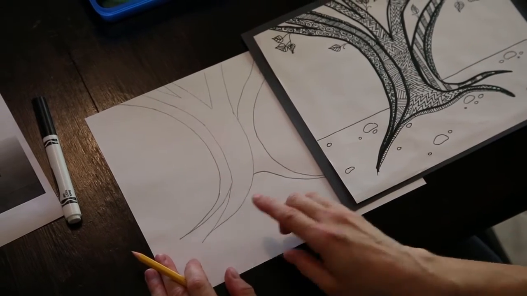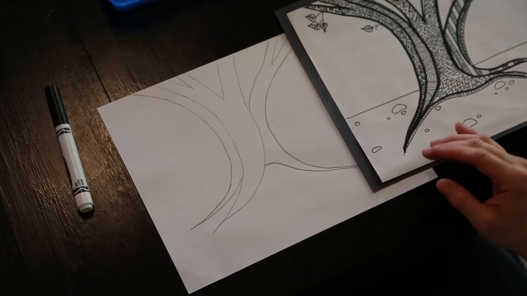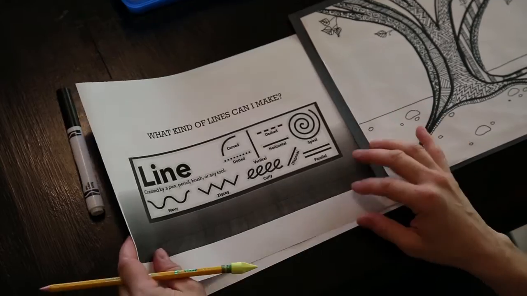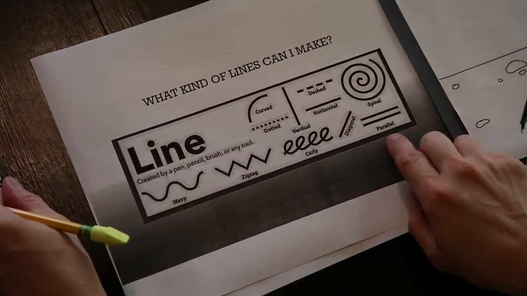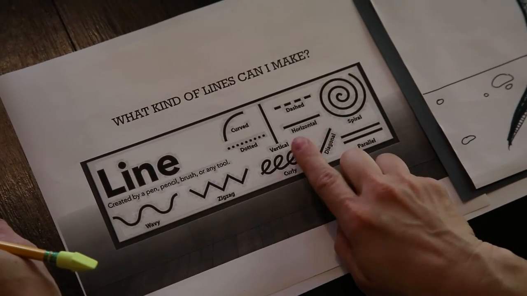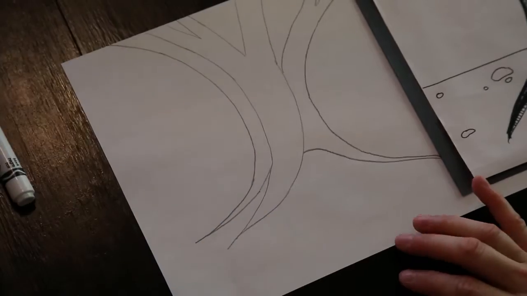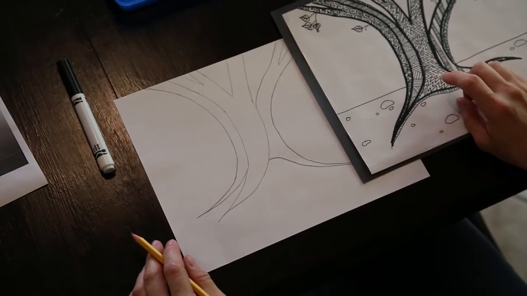So now that I've made my segments, I'm going to decide what kind of lines, or different kinds of tangles, I'm going to use within my tree. Just to review, you can have wavy lines, zigzag, curly, parallel, diagonal, spiral, horizontal, vertical, dotted, curve, or dash. The more variety you have, the more interesting your Zentangle tree is.